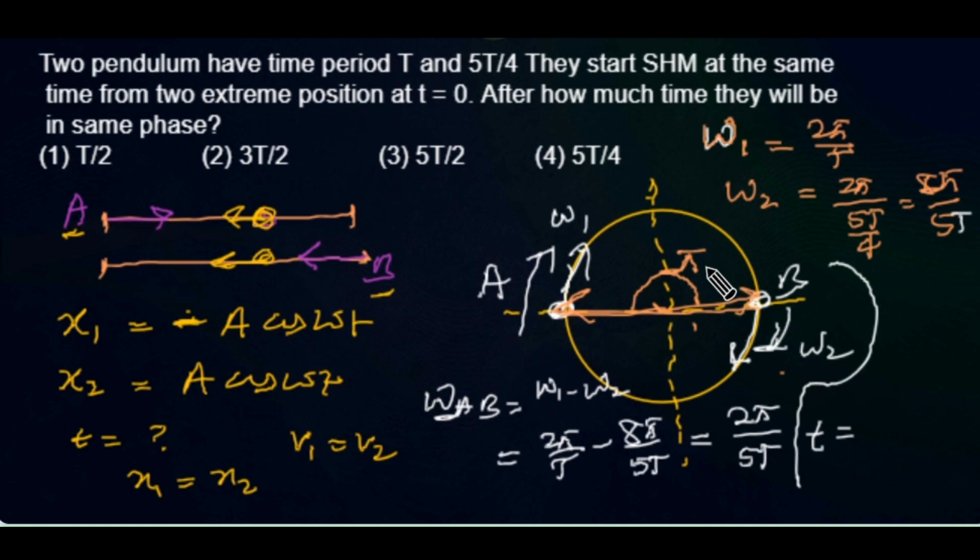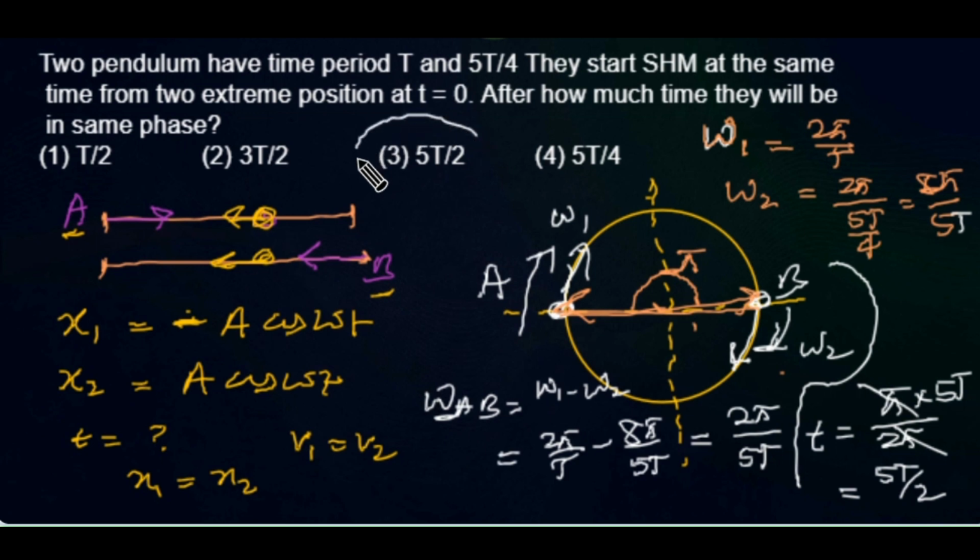The angular gap is π and the angular speed by which this π is going to reduce is 2π/5T. So the time is π divided by 2π/5T. π gets cancelled, so finally it's 5T/2. It's option three. Is it clear, students? Any doubt?